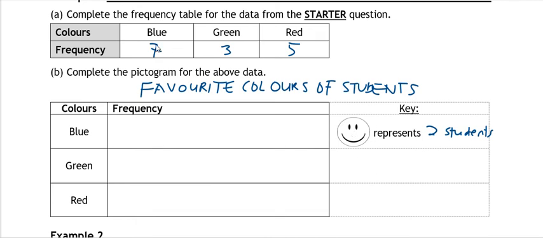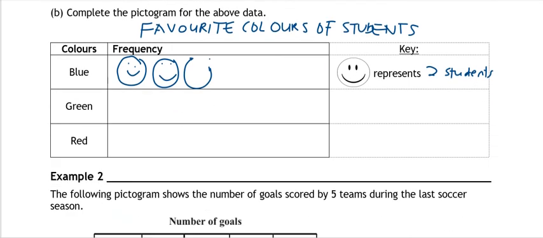So for blue you have 7, and you have to draw 3 first. 1, 2, 3. This represents 6. So what you have to do here is 3 complete pictures, and one of them will be half of it, because here a complete picture represents 2 students, so half of it will be 1 student.